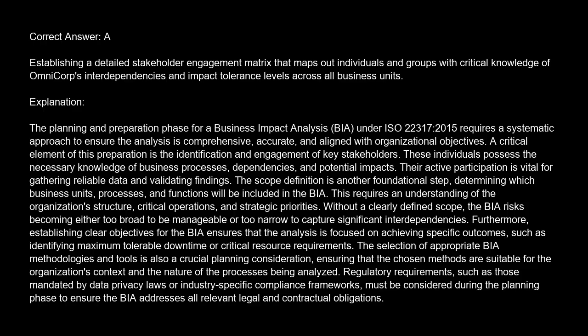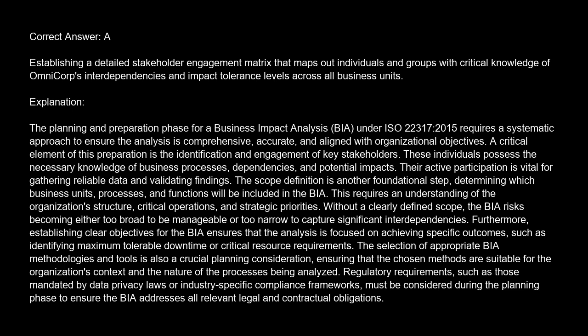A critical element of this preparation is the identification and engagement of key stakeholders. These individuals possess the necessary knowledge of business processes, dependencies, and potential impacts. Their active participation is vital for gathering reliable data and validating findings.